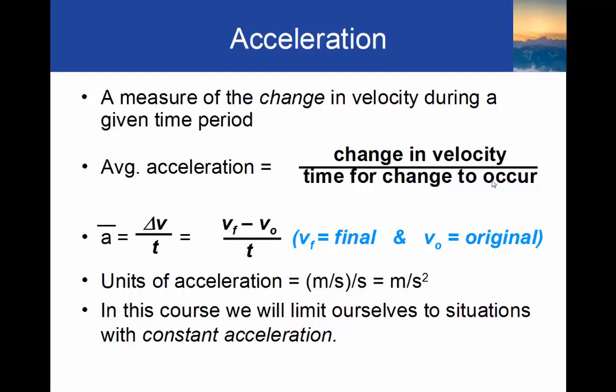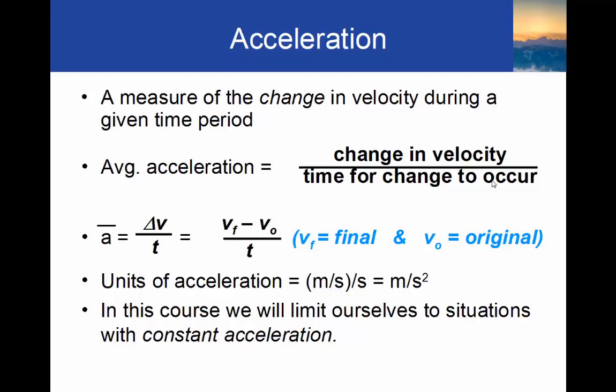So we can also call that change in speed per unit time if the car is moving only in one dimension. In other words, as long as there's no turning or direction changes, then its change in speed per unit time is sufficient.